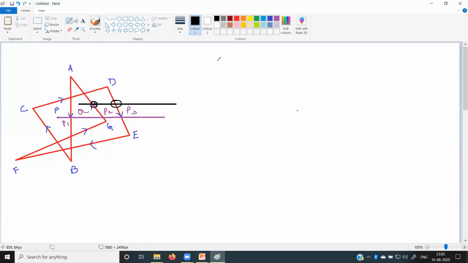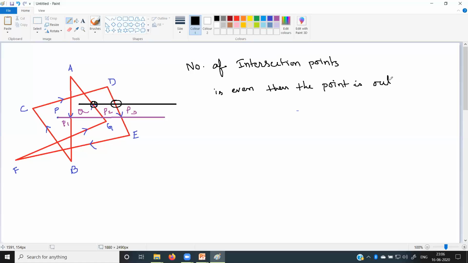So for the point Q, the important parameter is the number of intersection points. If the number of intersection points is even, then the point is outside.